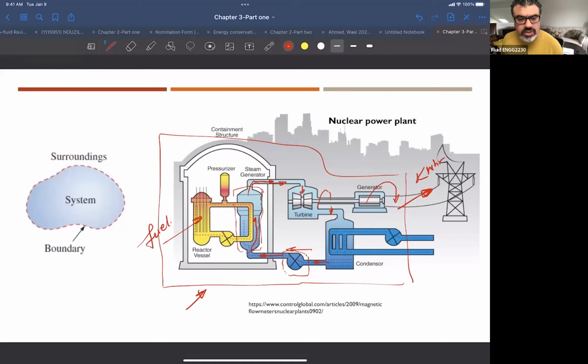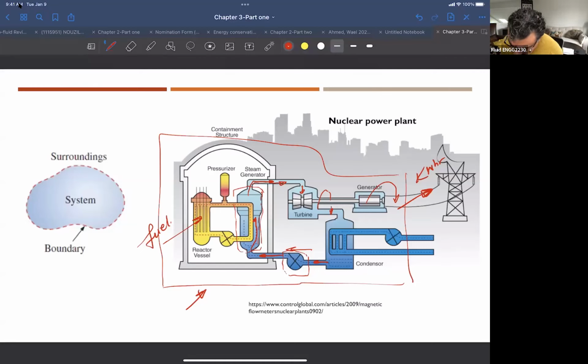So that's why we're going to define something called the system. And you will understand this in much more detail when you are taking the thermodynamics course. But let me share with you a very simple example of what the system means. The system definition is your area of interest, the component or the region that you are interested in.